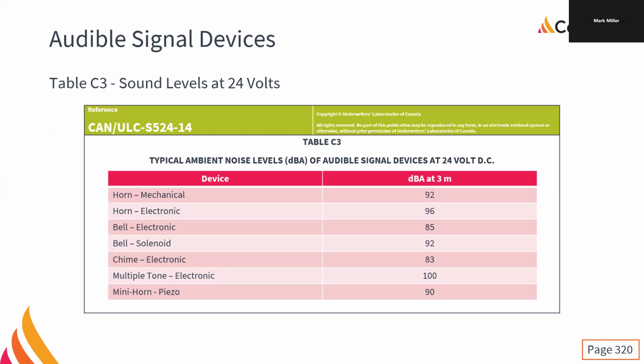This is our typical ambient noise levels of audible signal devices at 24 volts. Right? Mechanical horns sit about 92, electronic horns sit about 96 decibels, bells between 85 and 92. Of course, this is for a 6-inch bell, not an 8, 10, or 12-inch bell.